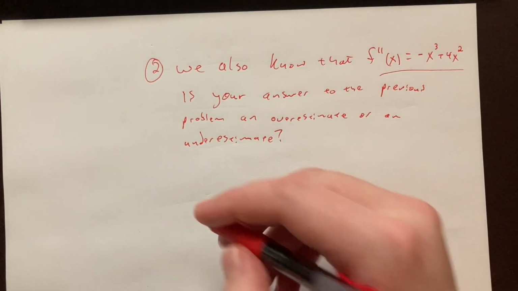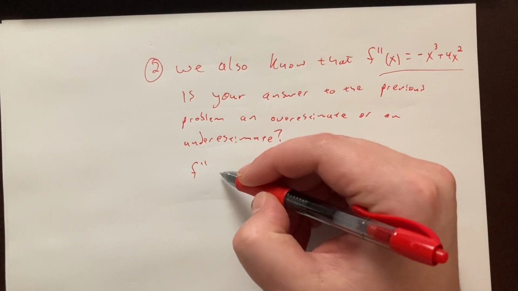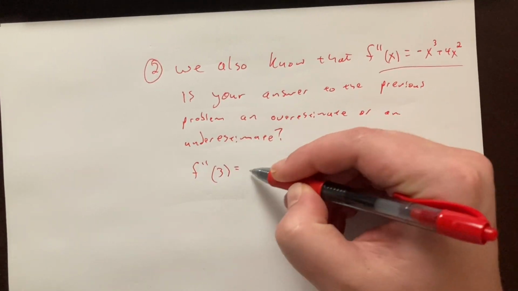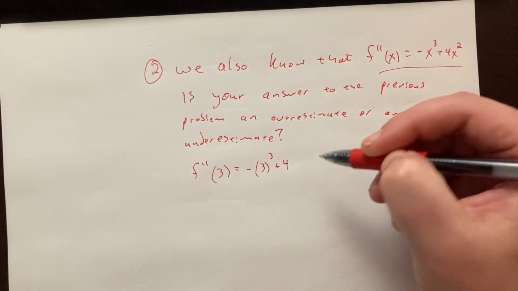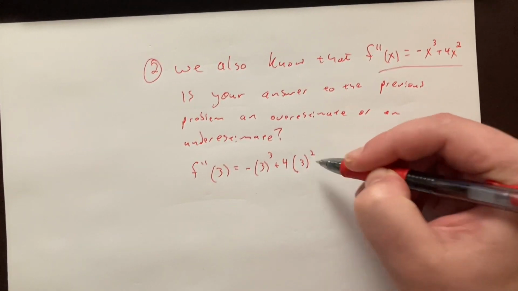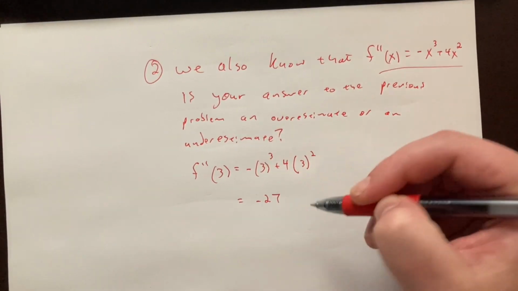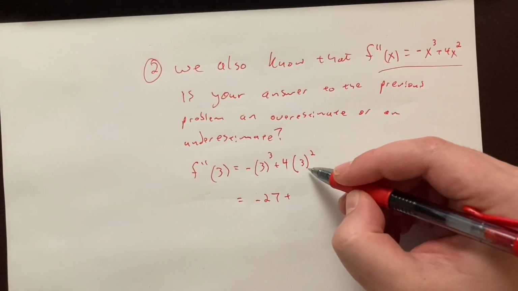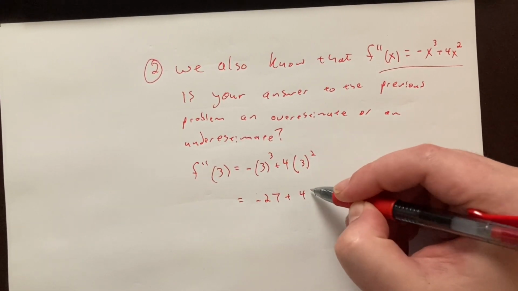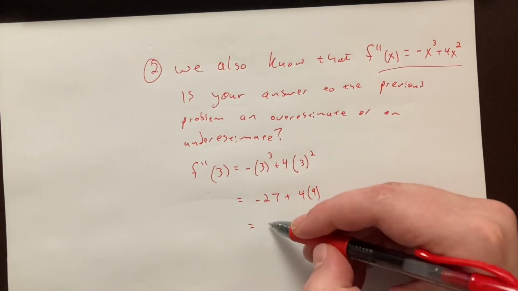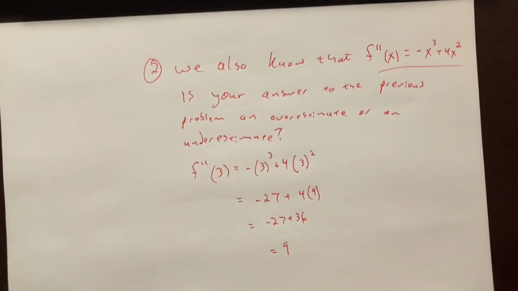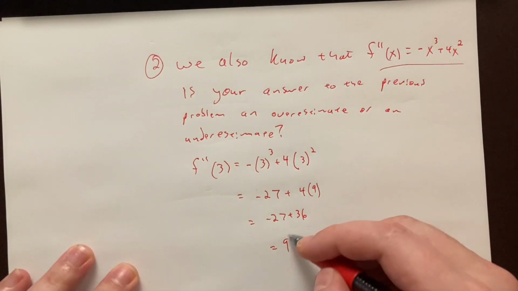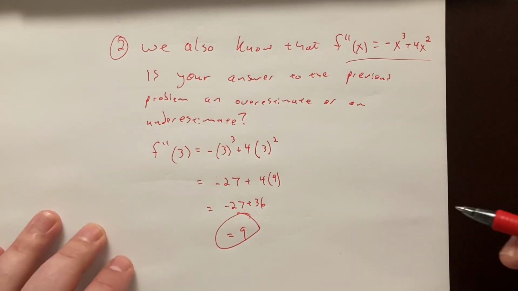All we're going to do is f double prime of 3 equals negative 3 cubed plus 4 times 3 squared, negative 27 plus 4 times 9, which equals 9. So we find this, and now let's do the writing part.